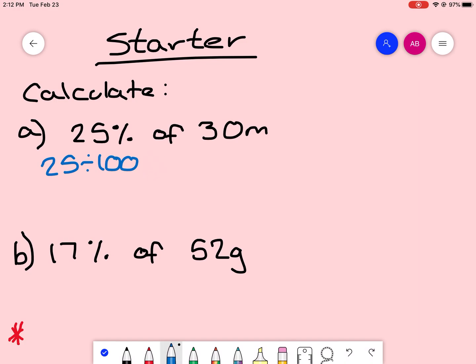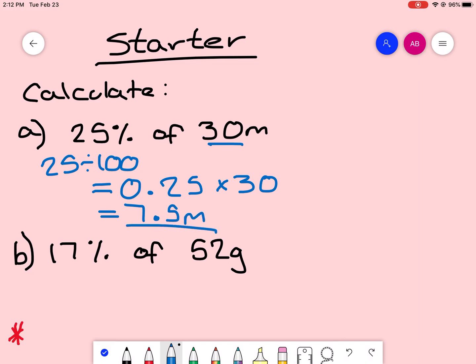When you do that, you will create a decimal. 25% as a decimal is 0.25, and then we multiply that by our whole number within the question, just as we did with the lesson on Tuesday. So 0.25 times 30 gives us 7.5 metres as the answer.